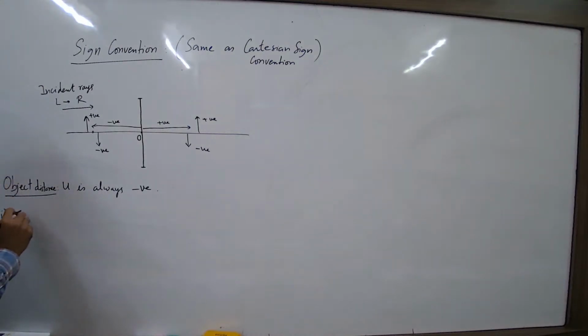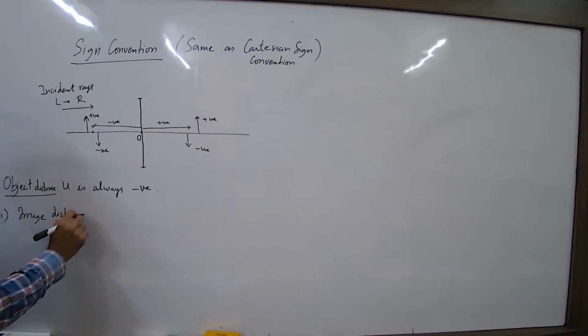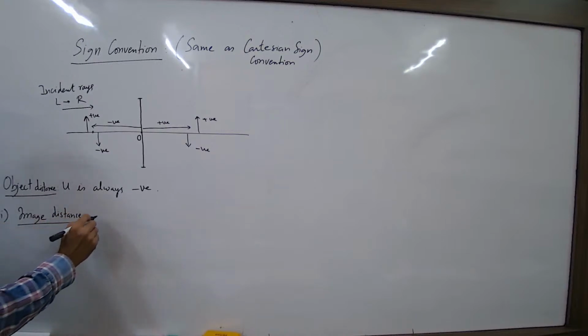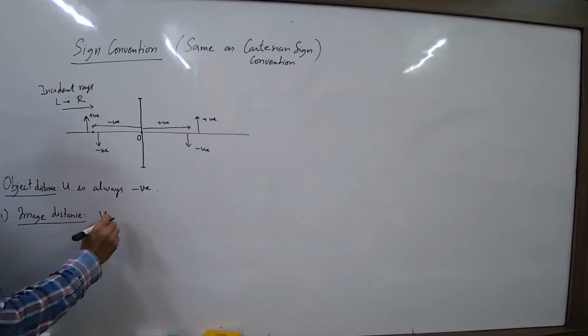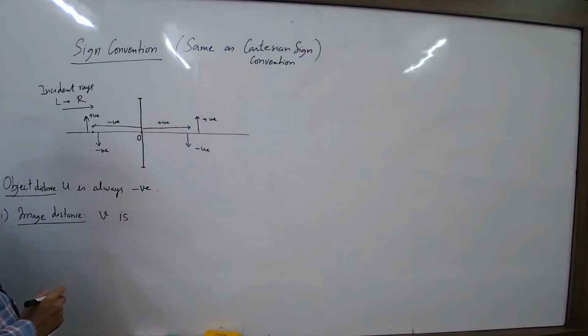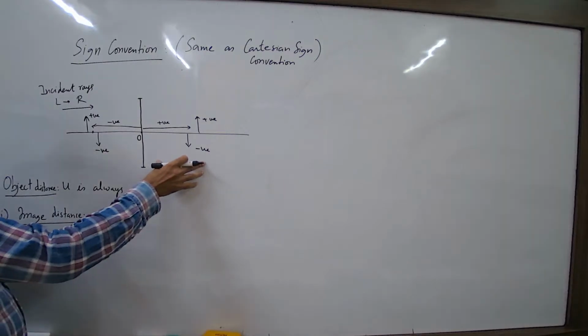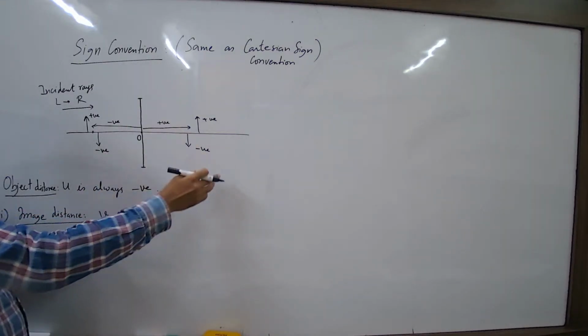Second. What about image distance? What is the image distance symbol? V. So it is what? Real images will form after the refracted rays meet somewhere.